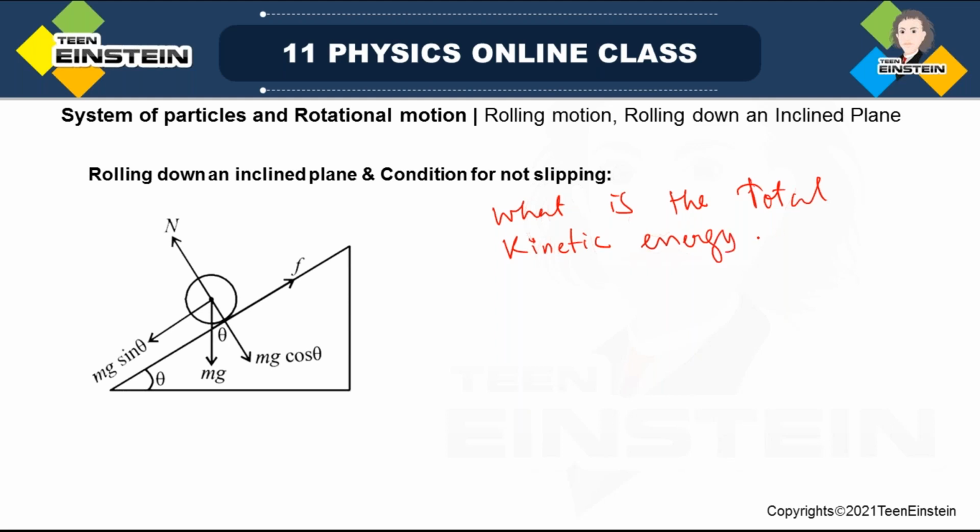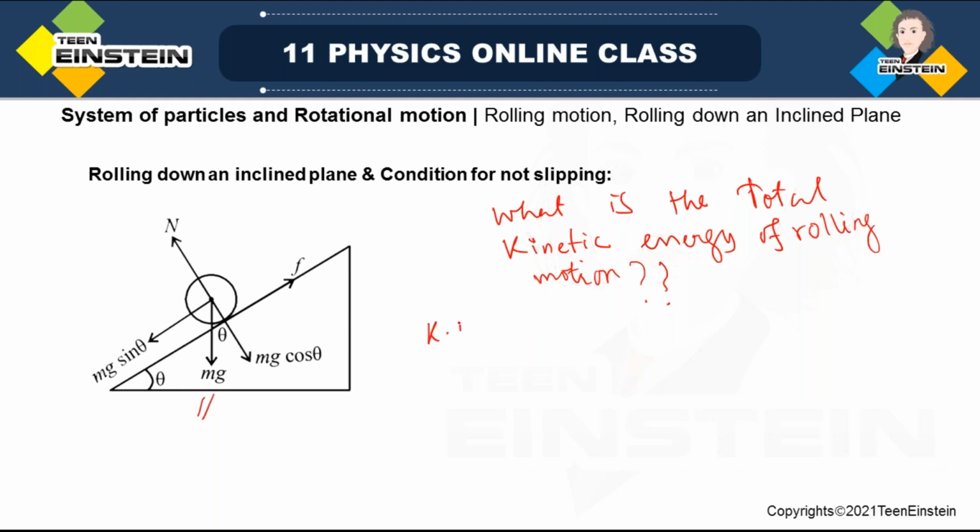Especially in any rolling motion the total energy will be rotational kinetic energy plus translational kinetic energy, okay. So this is what we are trying to calculate, and then we'll see in case of inclined plane there is a simple problem, okay. So we'll take up that.